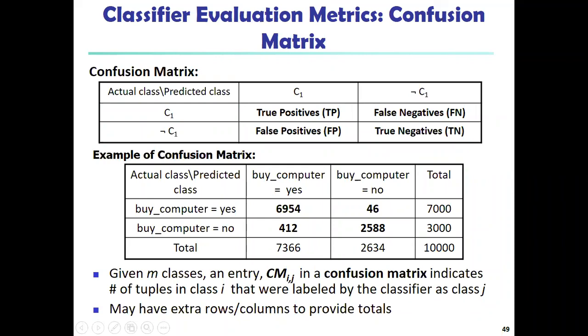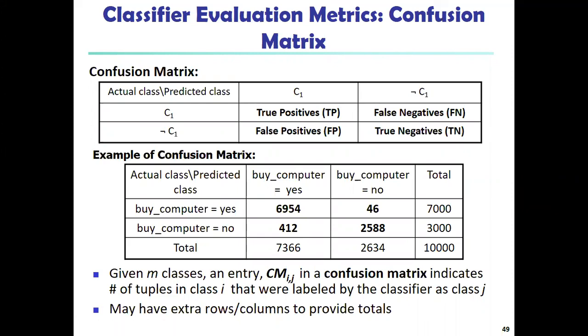That means a total of 4 cells. For more than two class levels, say three class levels, we consider a 3 cross 3 confusion matrix. But for your curriculum, you are going to focus on binary classification problems.